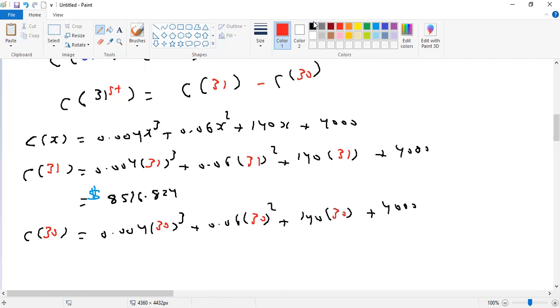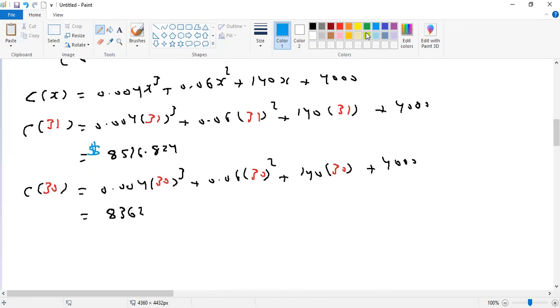Using the calculator, the solution is 8,362, in dollars. So the first is the total cost of producing 31 units, and this one is the total cost of producing 30 units.